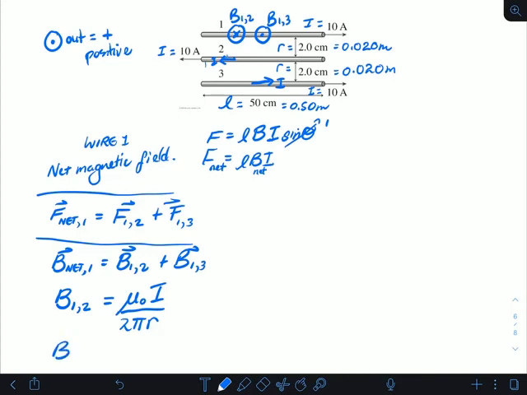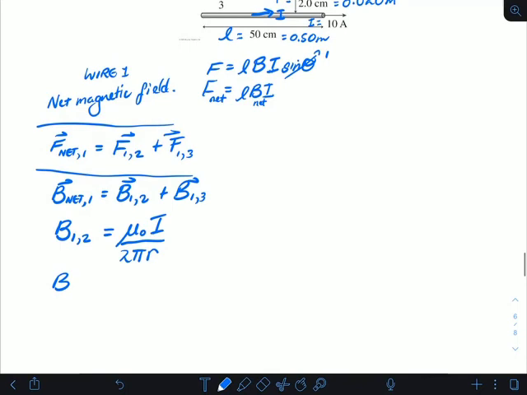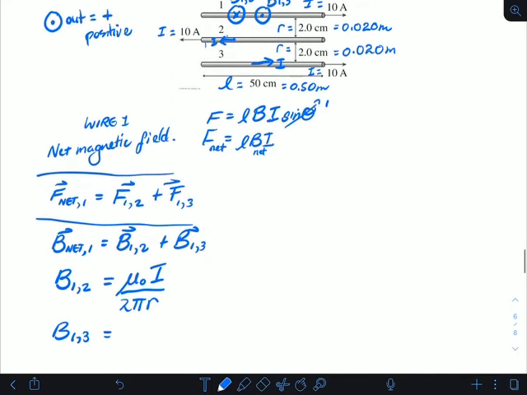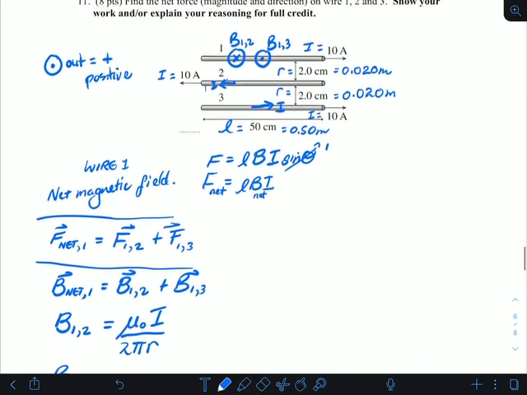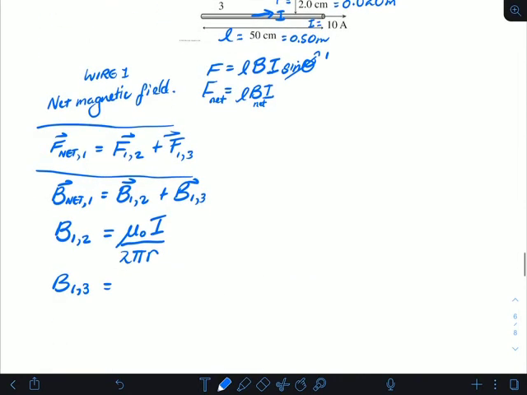And then the magnetic field at 1 due to 3, by the way, I'm going to say that this one is into the page, so it's going to be negative.